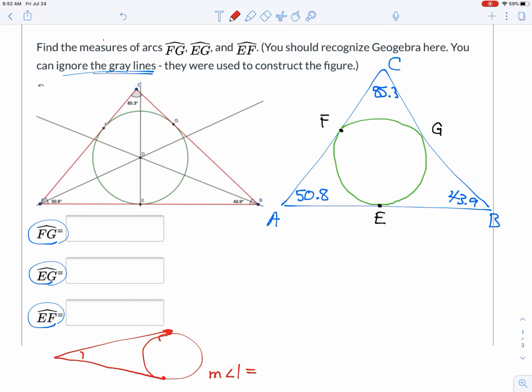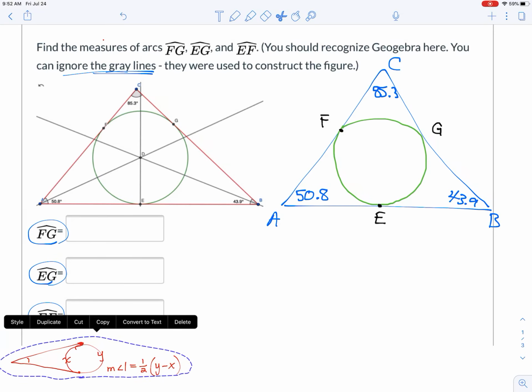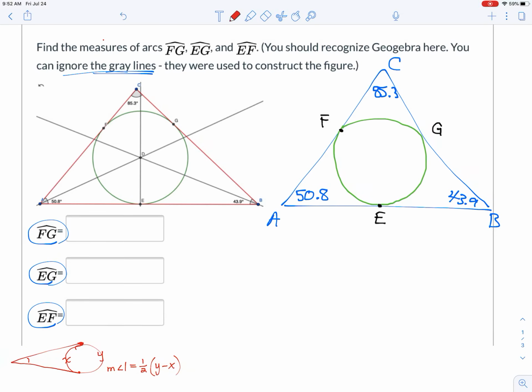The measure of angle 1 is 1/2 the difference between, we'll call it, Y and X. I can't remember what it was in the video, but it's 1/2 the measure of Y minus X. Essentially the big arc minus the small arc. Going to keep that there, but I'm going to make it a little smaller because we're going to need a lot of room here. And that's the theorem that you're going to use.